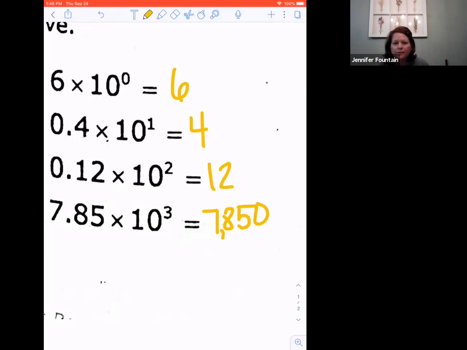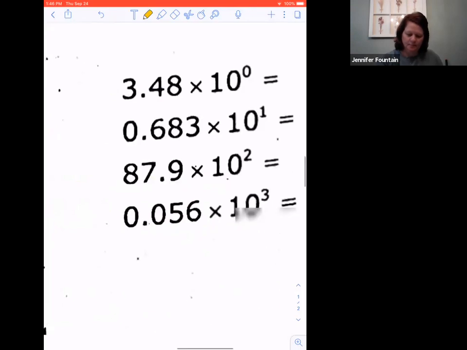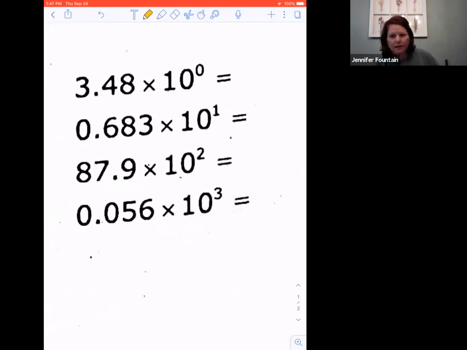Any questions with that row or column? Let's move to the next one. Go ahead and work these.